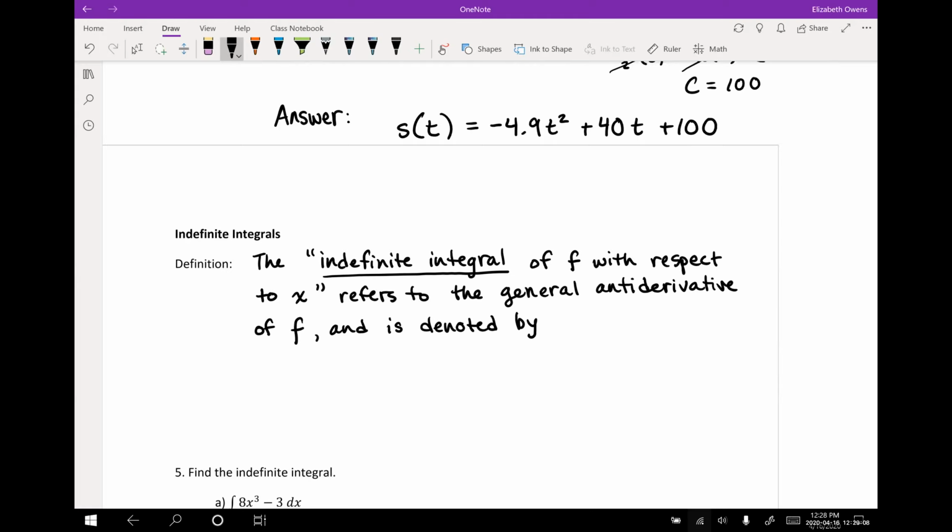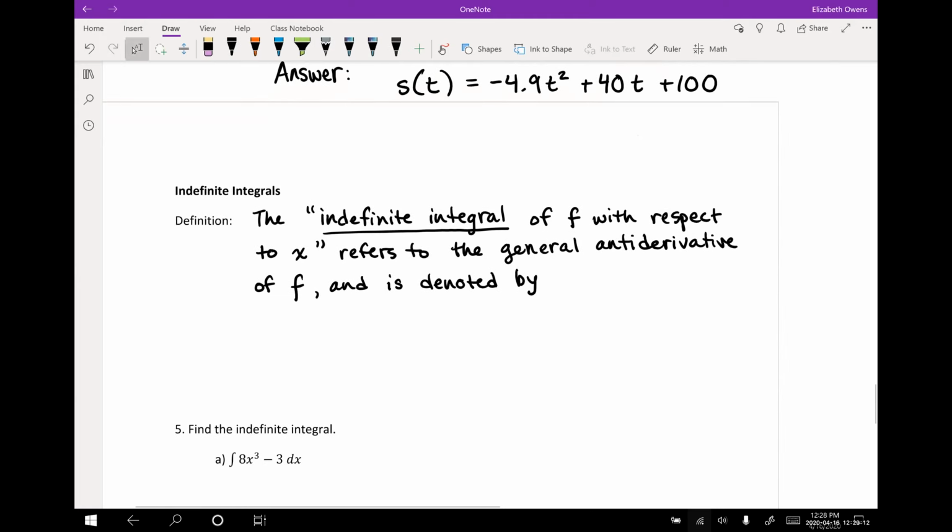Okay, so here we're going to get a new symbol. It looks like this. Kind of a long, stretched out S type of shape. That is called the integral sign. So integrals are going to be a new thing here in the last part of this course. Okay, so that's an integral sign.